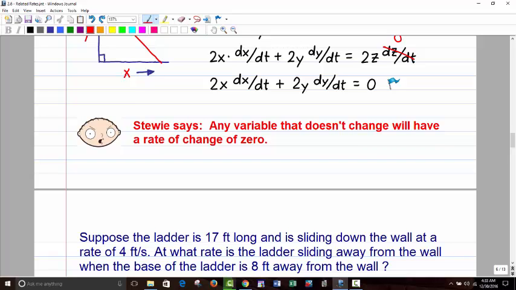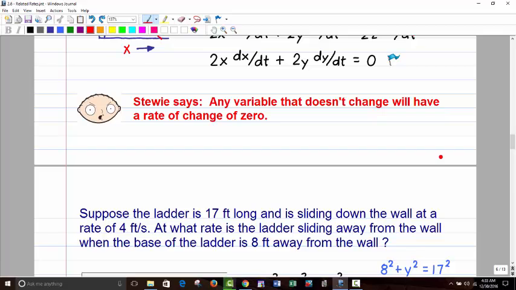So obviously I'll scroll down here in a second, but ladder sliding down the wall, that would be down the y-axis at 4 feet per second. So if it's going down, it's going to have a rate of change that's negative.